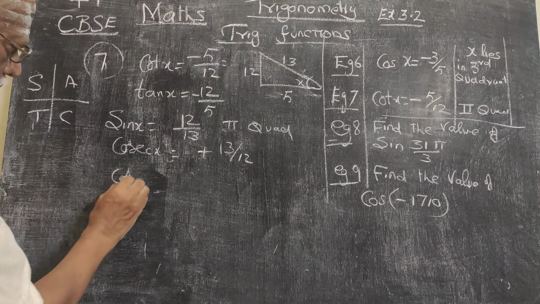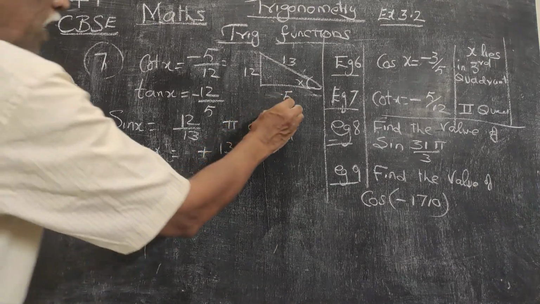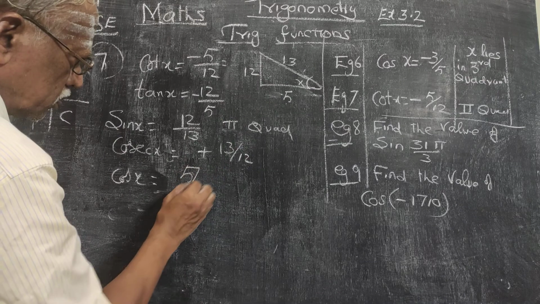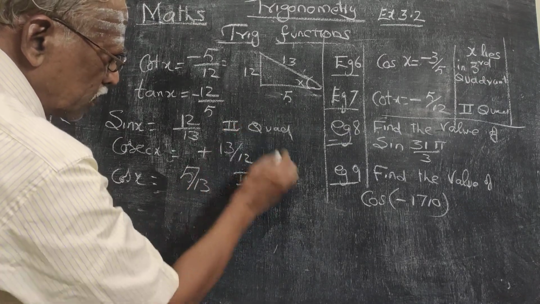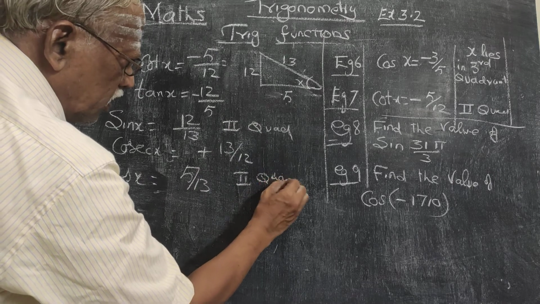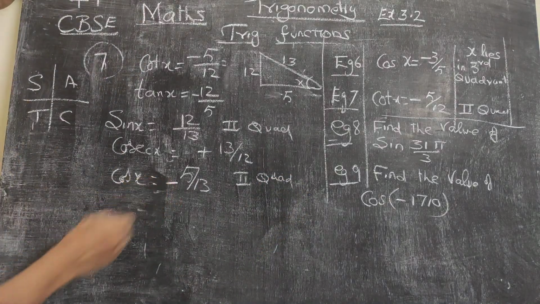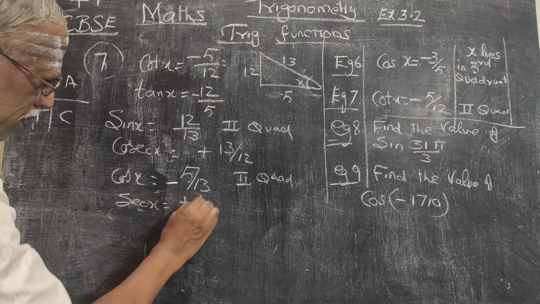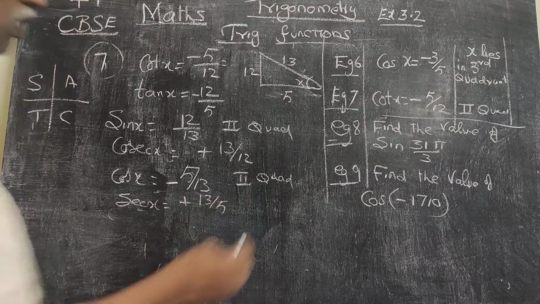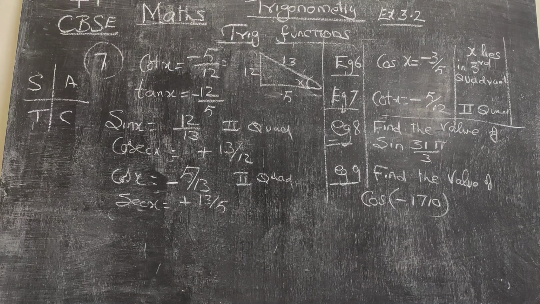Cos x is adjacent by hypotenuse, but it is in the second quadrant. Therefore, in the second quadrant, cos is negative, minus. Then secant x is minus 13 by 5. That's all. Very simple, is it not? Now let me go to example 8.